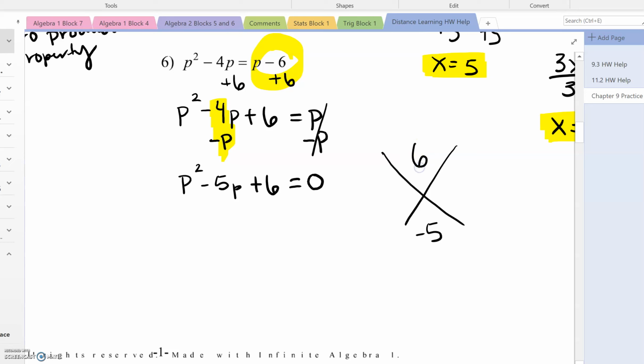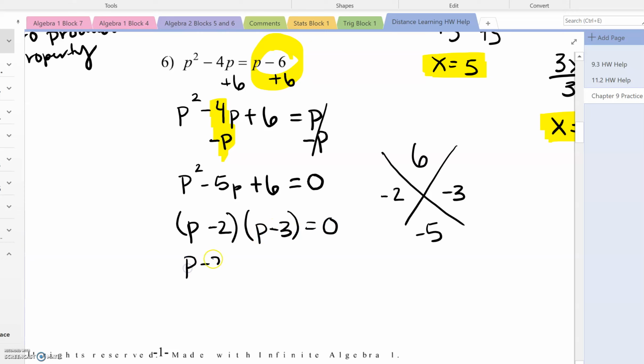So be careful. It needs to multiply to a positive 6 and add to negative 5. So a negative 2 times a negative 3 is going to make a positive 6 and is going to make a negative 5. So I'm going to break this into p minus 2 times p minus 3.